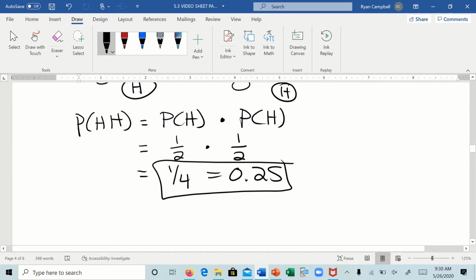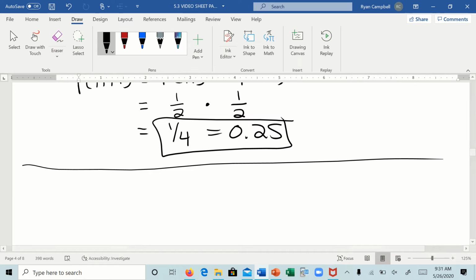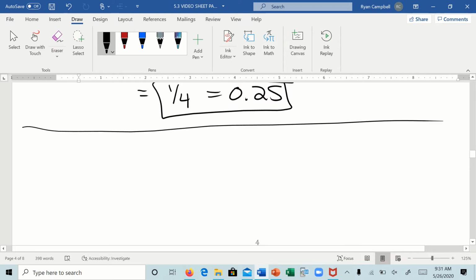If that was a little confusing, let's think about it in a different way. You won't be able to do the second way every time, but maybe it can help you get in your mind why it's 1/4 in this case. So let's talk about the sample space of 2 coin flips. If you're doing 2 coin flips, what could you get?